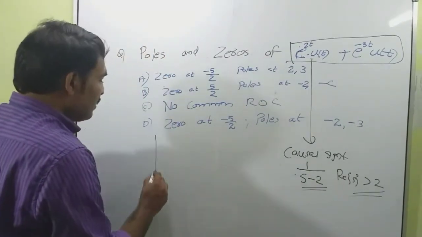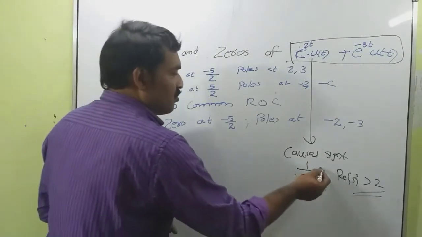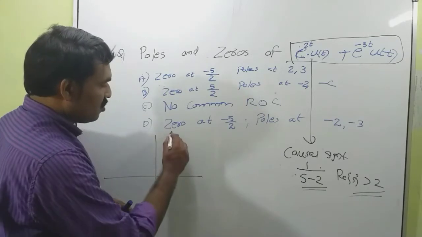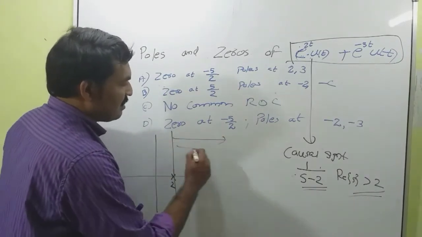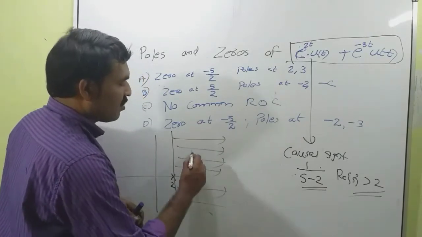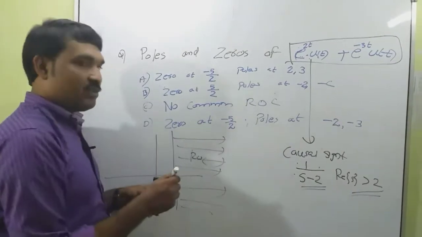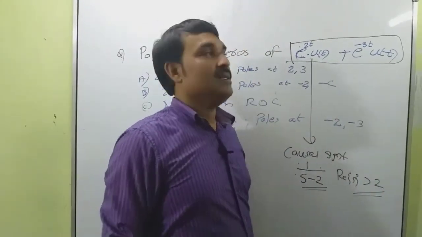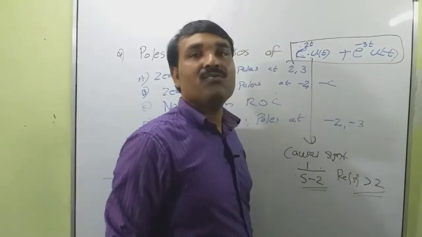So, I am drawing the region of convergence for this portion. So, I have a pole at s is equal to 2. So, the region of convergence is this portion. Okay, this is the ROC for this portion of the signal. Now, this is an anti-causal signal, since the signal is multiplied by u of minus t.